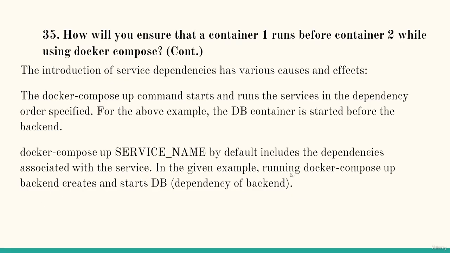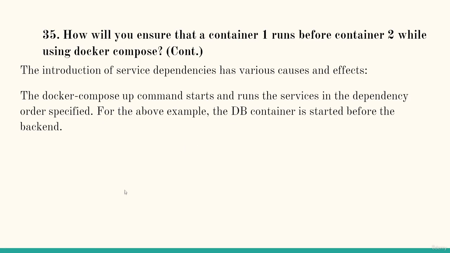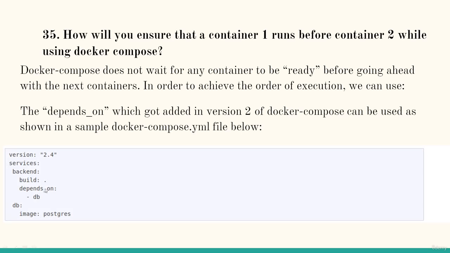So in the given example, running docker compose up backend creates and starts DB, the dependency of the backend, because, as you can see from the example, we are using depends_on. So the backend will not be started unless the DB is ready.